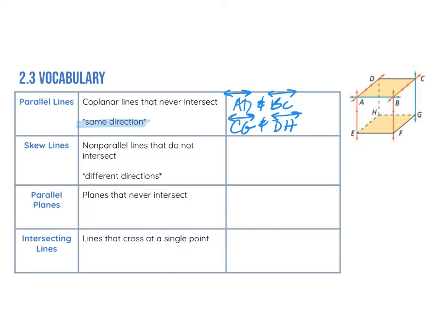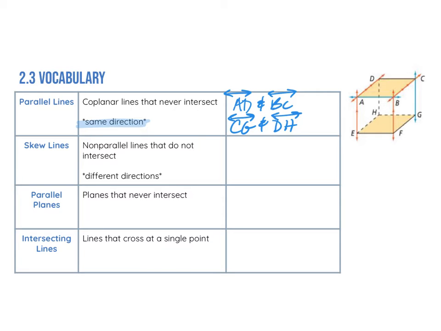Again, you can think about them going in the same direction. So they're going to run front to back, like AD and BC. CG, DH, they look like they're going up and down, right? DH up, down, CG up and down. So in the same direction, okay?